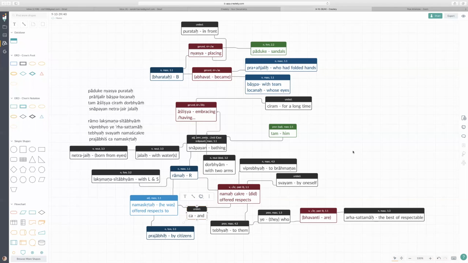Accompanied by Mother Sita and Lakshmana, Lord Ramachandra then offered his respectful obeisances unto the learned brahmanas and the elderly persons in the family. And all the citizens of Ayodhya offered their respectful obeisances unto the Lord. So everything is taken into account and everything is included. This is how it is done.